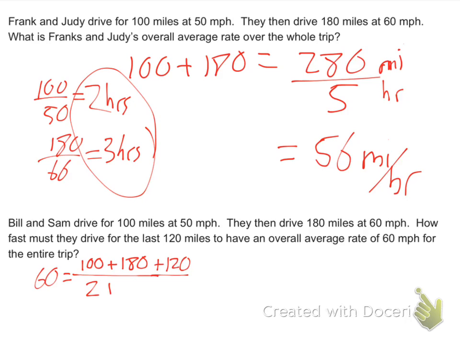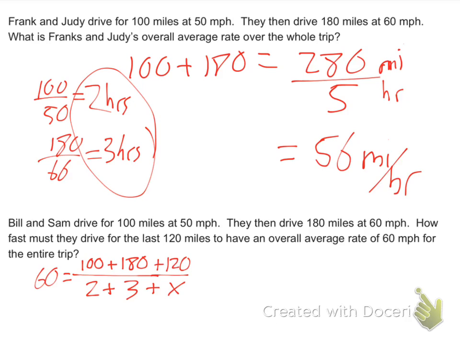So 2 hours plus 3 hours for the 180. And how long does it take them? We actually don't know, do we? So can I call that x? Can you solve for x?